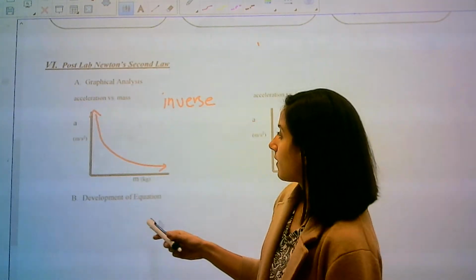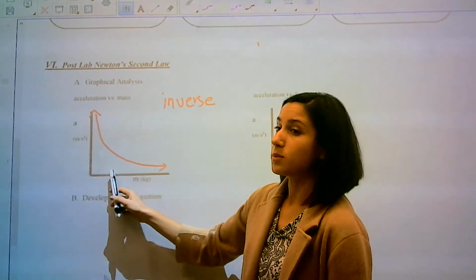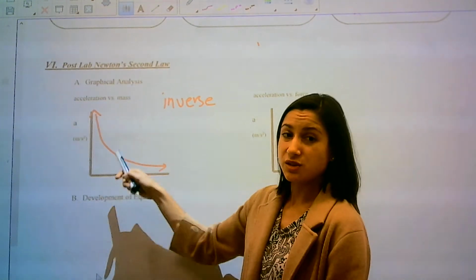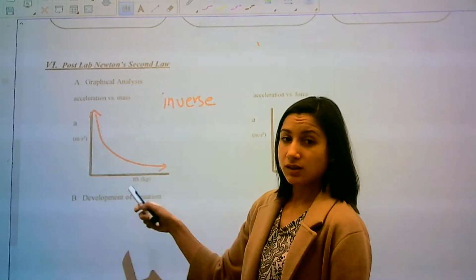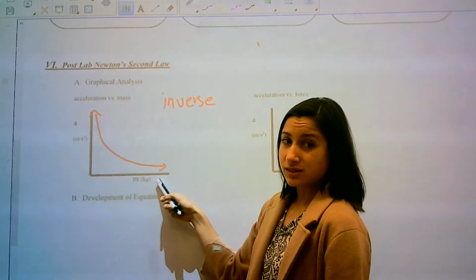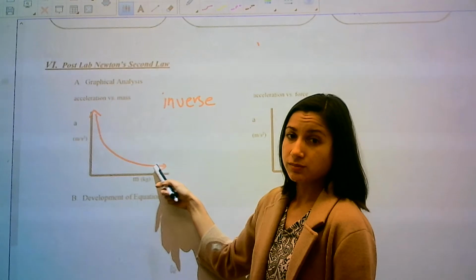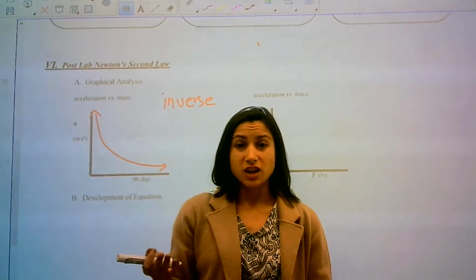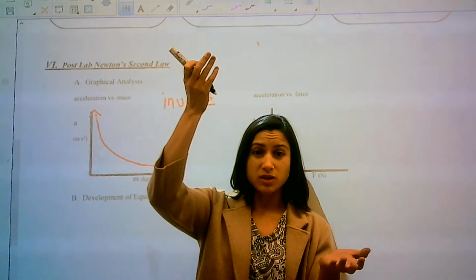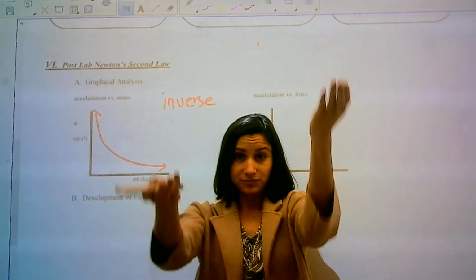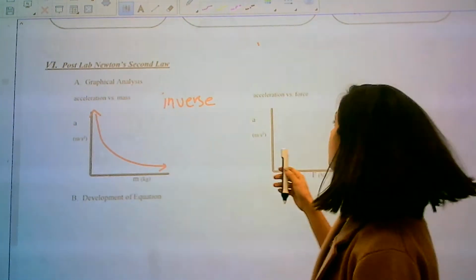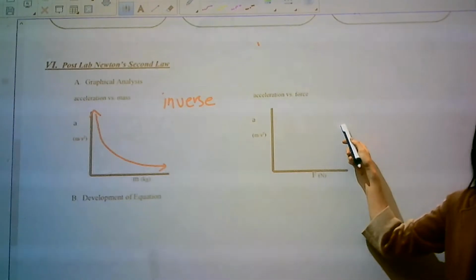So what that means is when mass is really small, when you decrease mass, you're going to increase acceleration. But when you increase mass, you decrease acceleration. Generally, an inverse relationship is you increase one variable, you're going to decrease the other.